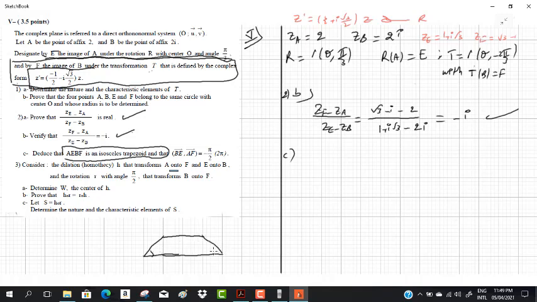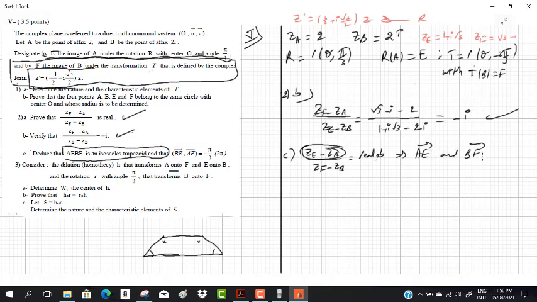The two angles at the base are also equal. To deduce, we use part A. In part A we have that ZE minus ZA over ZF minus ZB equal a real number, which came out negative. The factor AE, ZE minus ZA, and the factor BF have arguments between them that give a negative real number, so it is pi.